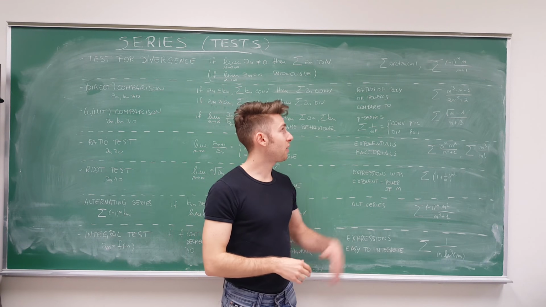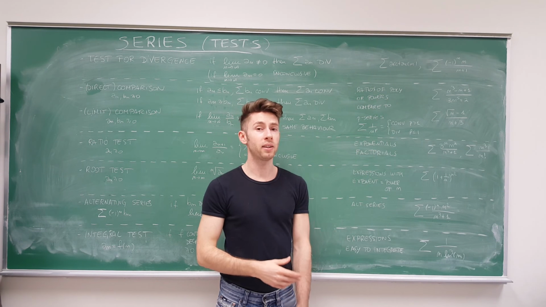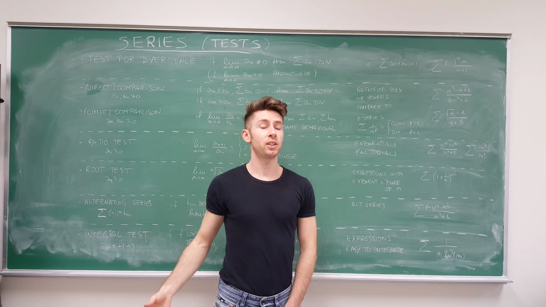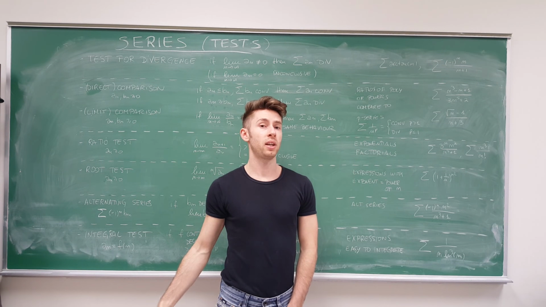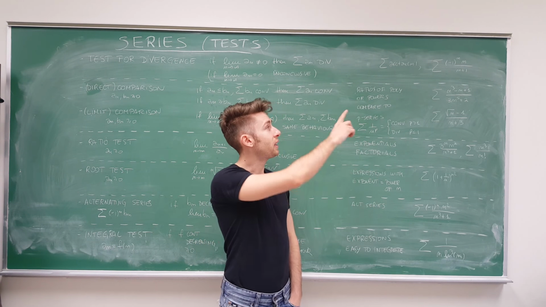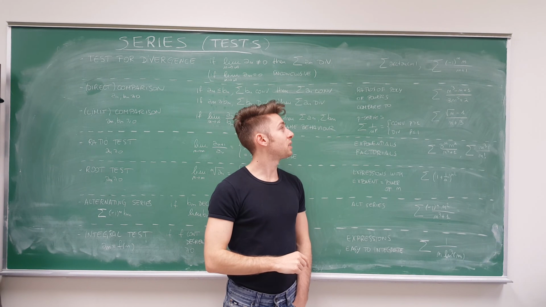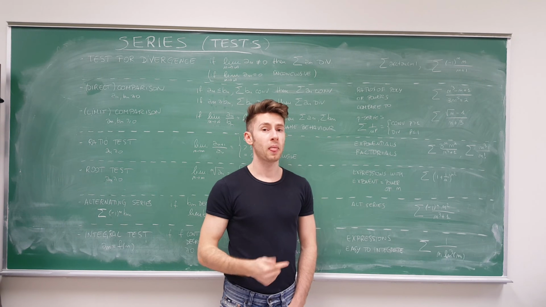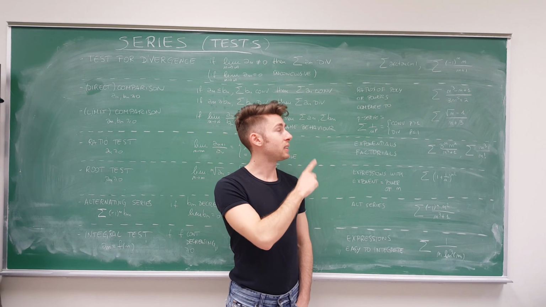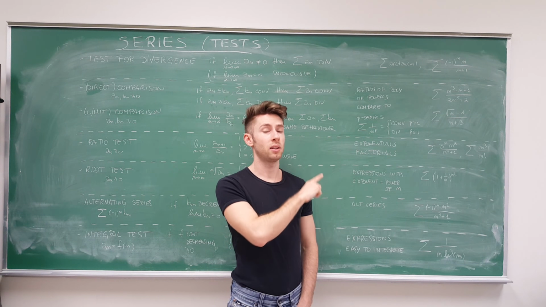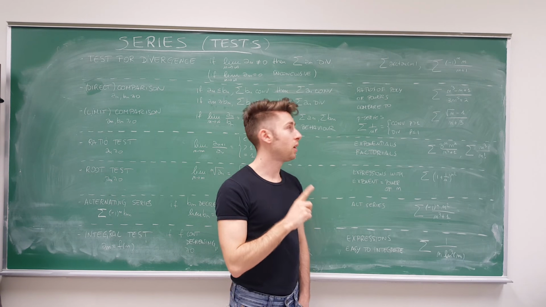The examples that I'm giving you are series of arctangent of n, and we know that the limit of arctangent as n approaches infinity is pi over 2, and also a series of (-1)^n times n over n plus 1. Well, in this case, this is divergent because the limit of the sequence doesn't exist. Why?